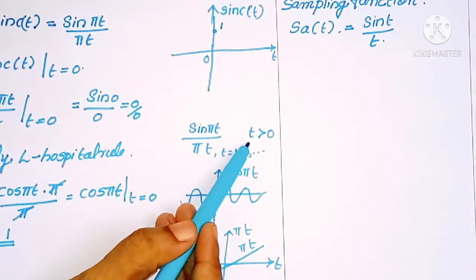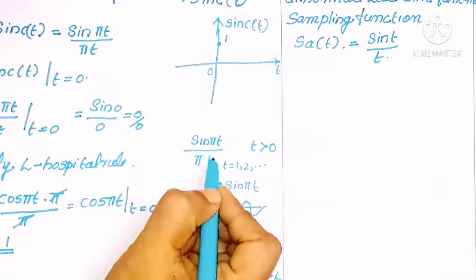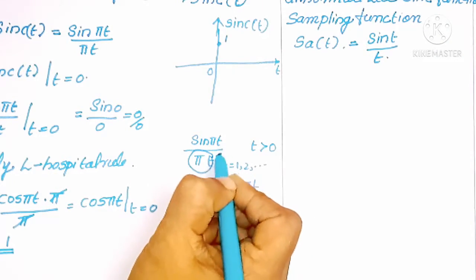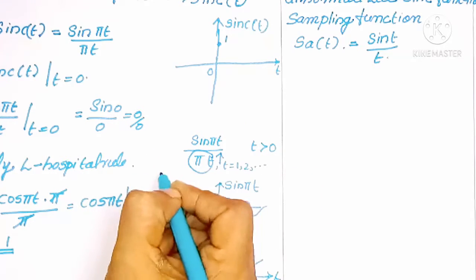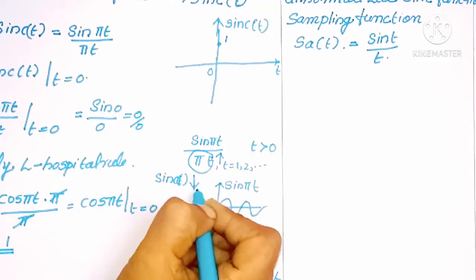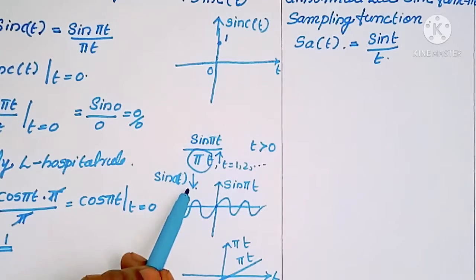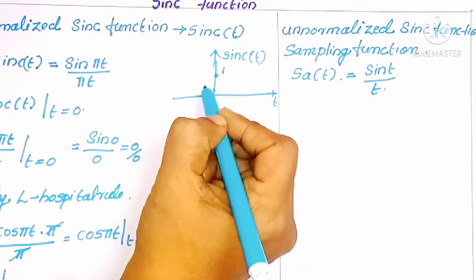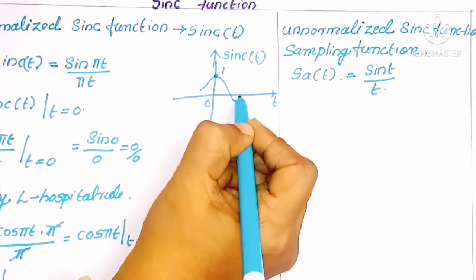Here we consider the first case, t greater than 0. When t is greater than 0, pi t increases. If pi t increases, sinc of t decreases. If the denominator increases, the resultant signal amplitude decreases. So here we can draw like this.